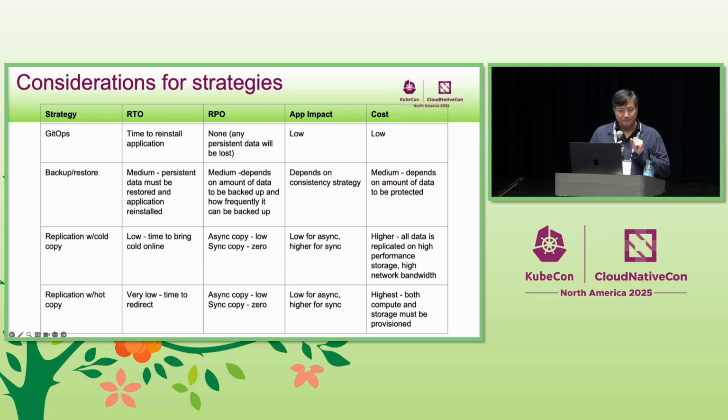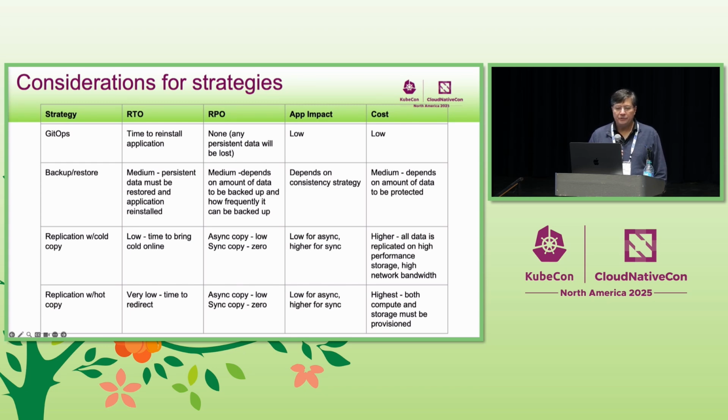And then the last option here is replication with a hot copy. So you may have your application distributed across multiple data centers. You're able to fail over between data centers, or you may always be running in multiple data centers, and you just shift traffic when something happens. And so your RTO goes very low because all you have to do is redirect traffic.